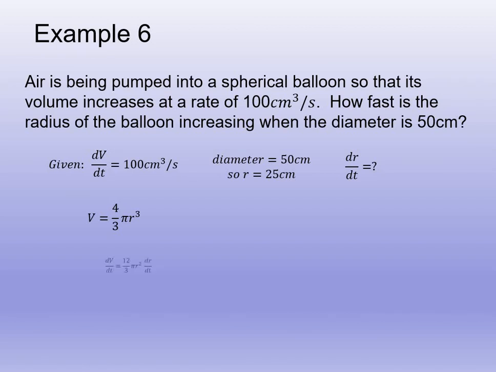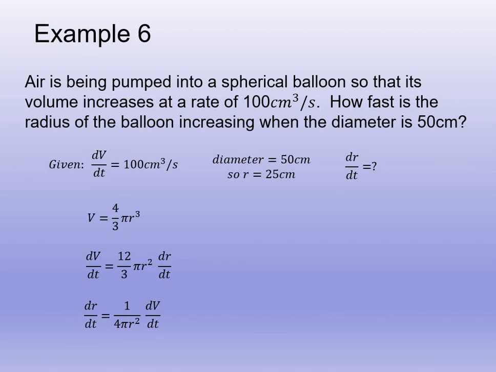So there's nothing else relating any variables that we have to do. This one's pretty straightforward. We just take the derivative of both sides. So the derivative of V is dV/dt, and the 4/3 pi is a constant. So we just take the derivative of r cubed, which is 3r squared dr/dt. So 3 times 4 becomes 12 on top, and then 12 divided by 3 is 4. Then we need to solve for dr/dt.